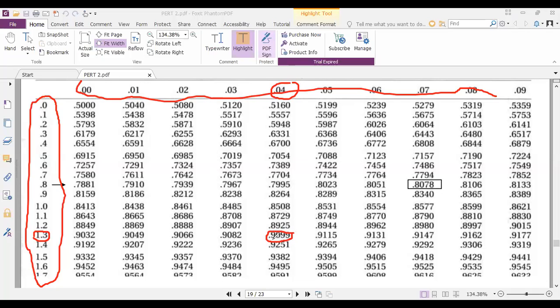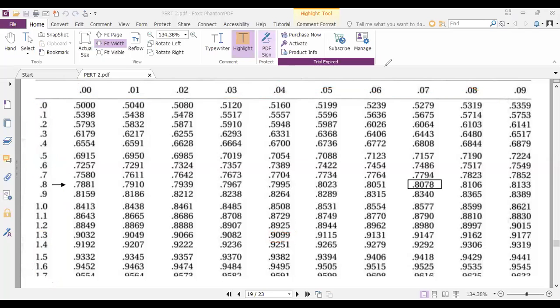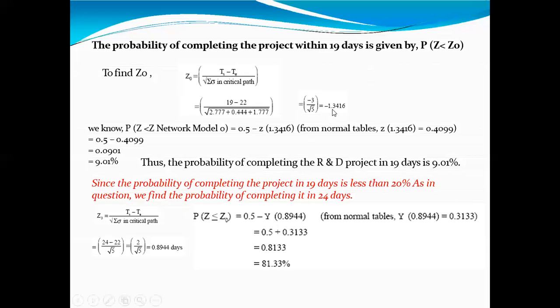I think you understood this particular part. So this value, 0.099, is coming. And that value is coming at this particular Z value, minus 1.3416 level.